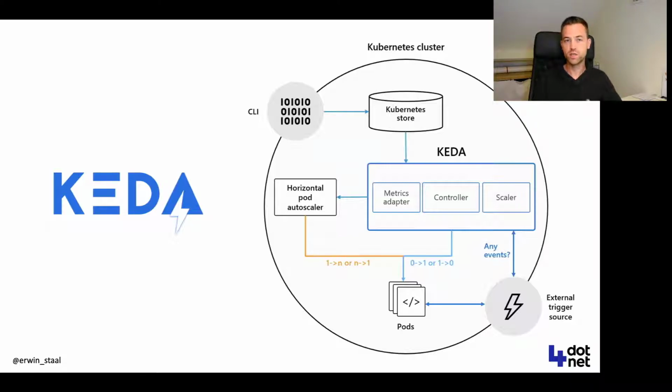So there is a specific scaler which is capable of reading the number of messages available on an Azure storage queue. And it can fetch that number and feed it into KEDA, and then feed that to the horizontal pod autoscaler to drive the actual scaling. So the scaler will go out to the event source and see how many events there are, so you can do scaling based on that.